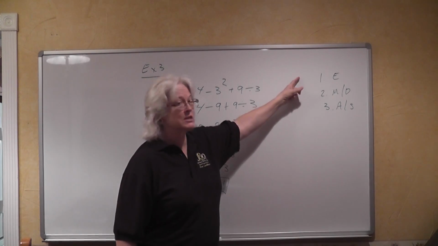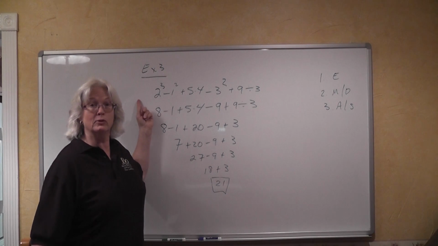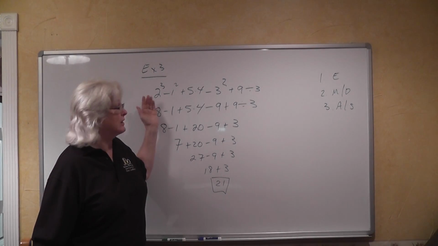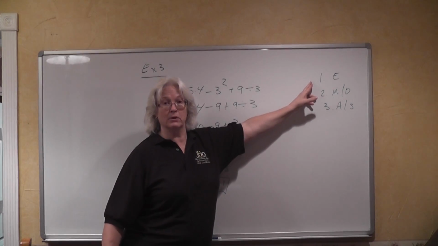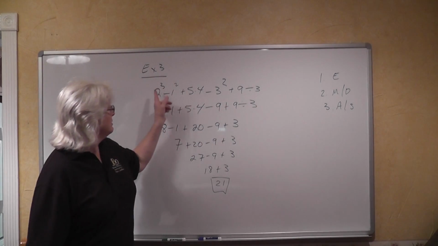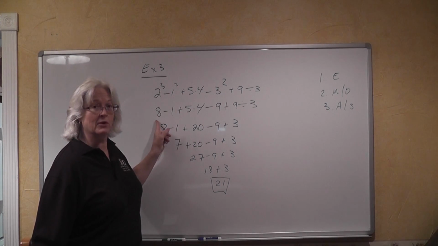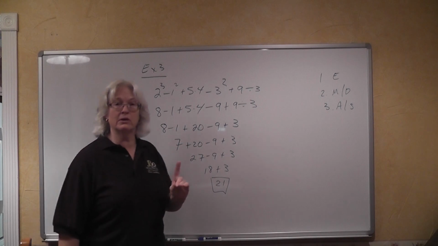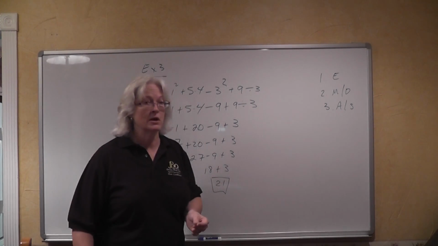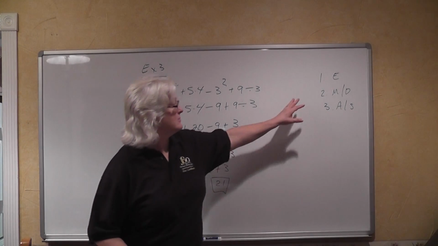It said the very first thing that you do when you are evaluating either a numerical or an algebraic expression is first you look and you see if there are any exponents or powers. And you're going to deal with those exponents first in order from left to right. That's the very highest priority that you have as you deal with exponents. You also deal with radicals, which we haven't come across yet.